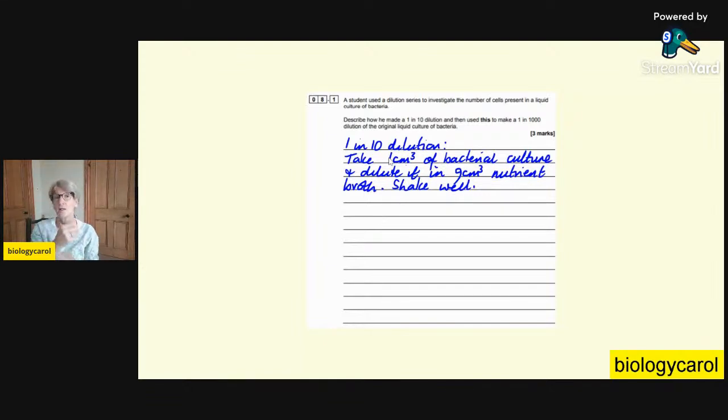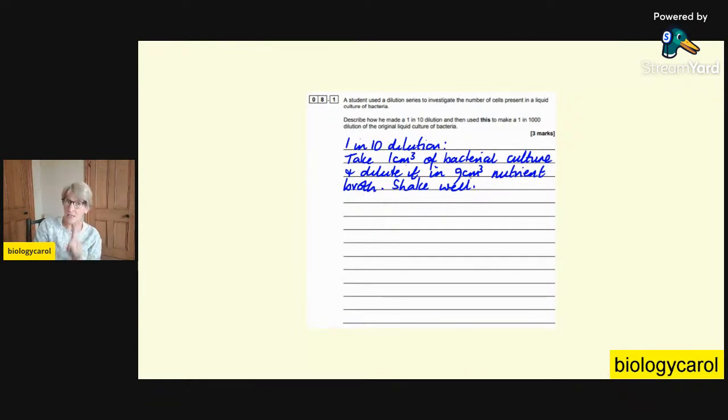If you took a centimeter cubed of this dilution, it would have 1/10 of the number of bacteria in it. Hopefully that makes sense. And notice, shake well, because you need those bacteria to be spread out evenly throughout your dilution.